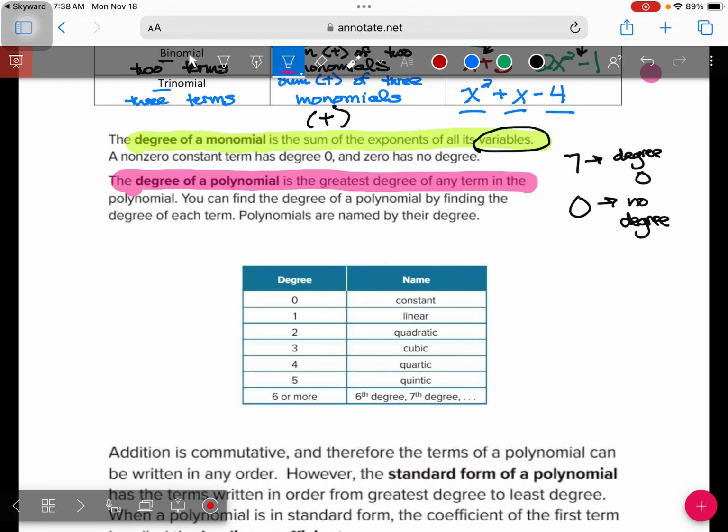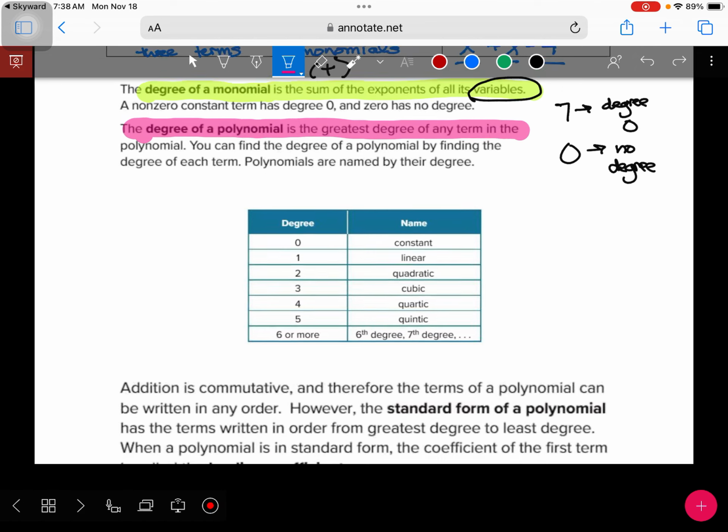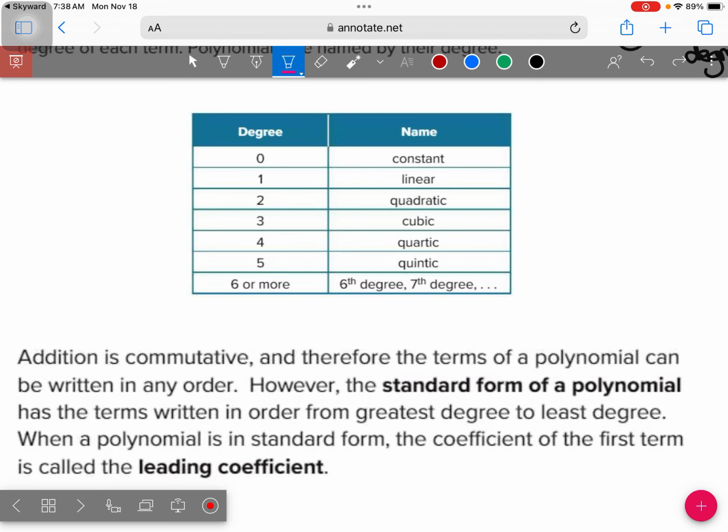So if I had a degree of 4, we would call that a quartic polynomial, because quartic means 4. So let's take a look at some of these degree names down here at the bottom. If it has a degree of 0, that is a constant number. Like 3 or 7 or 8.